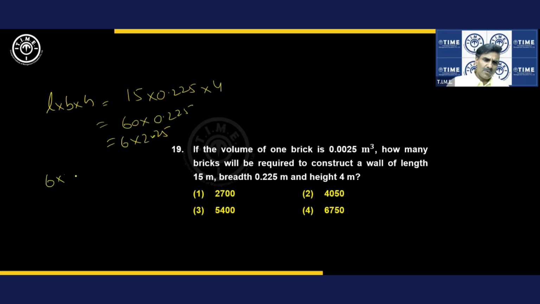So 6 into 2.25 is the volume of the wall, dividing it by 0.0025.